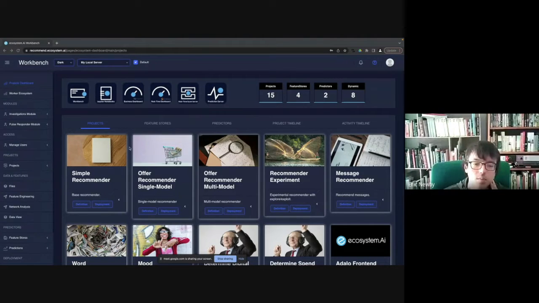So I think the one basic type of offer recommender that people often implement is something that is just based on historical data and uses a single model to recommend one of multiple options.